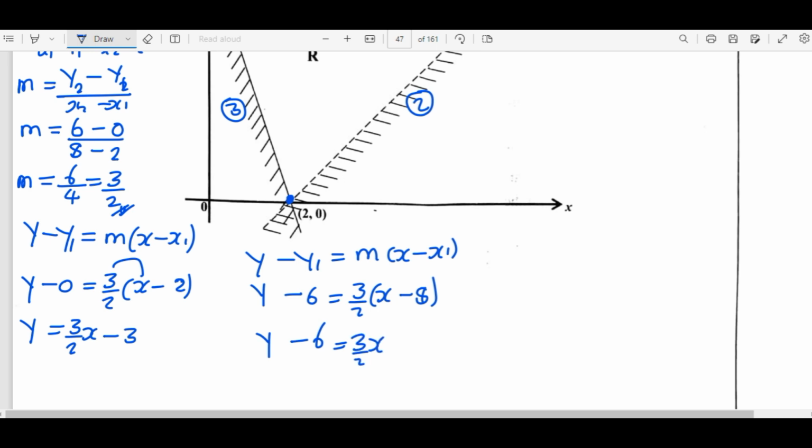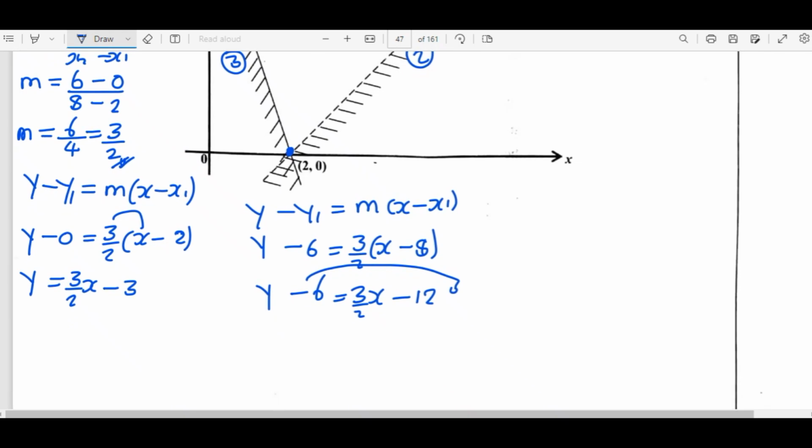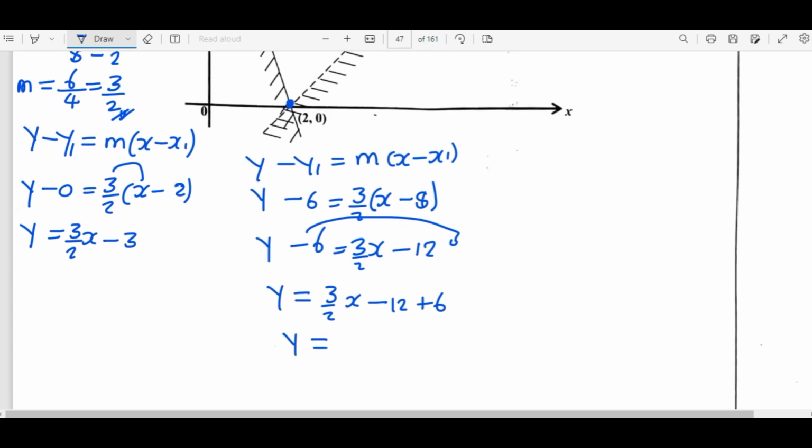Then 3 over 2 times negative 8 will give us negative 12. Then if we collect the like terms, shifting this to this side, this will give us y is equal to 3 over 2x minus 12 plus 6. So giving us y is equal to 3 over 2x minus 6. So we are supposed to get the same answer.